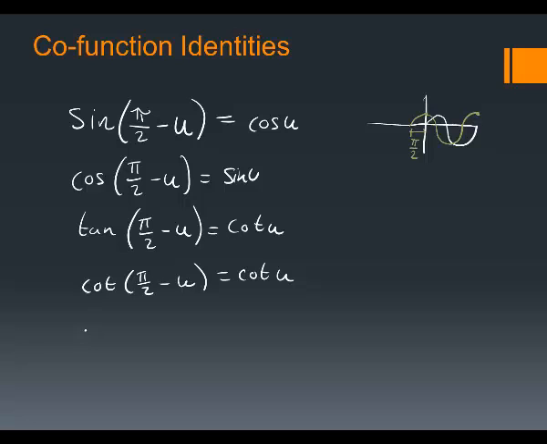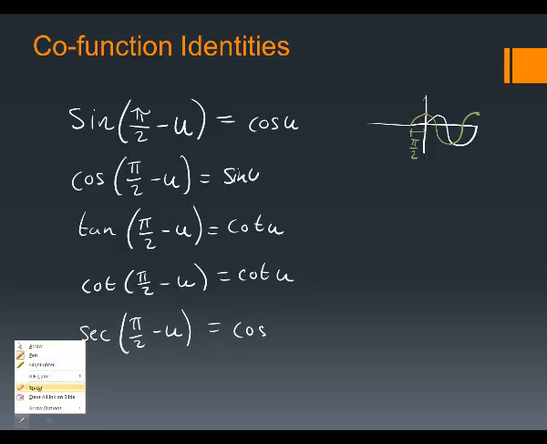And lastly, we have secant, which should be relatively new. Secant pi over 2 minus u equals, oops, I keep doing that, I want to write cosecant. Cosecant u.